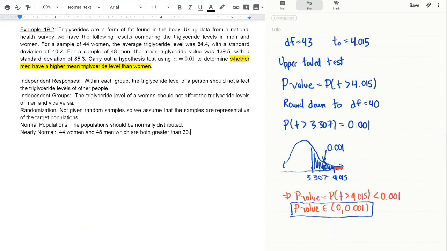Now we will compare this p-value to the significance level. We're testing at an alpha level of 0.01. If we compare alpha with the p-value, then the p-value is going to be smaller than alpha.